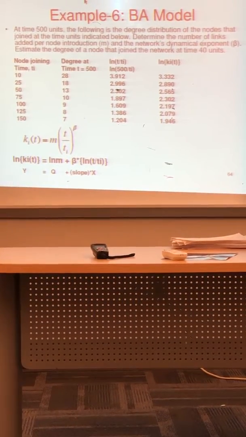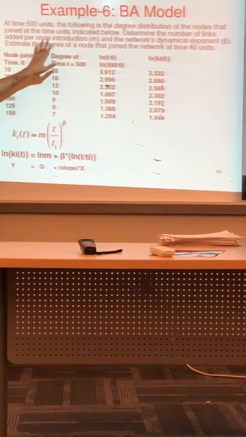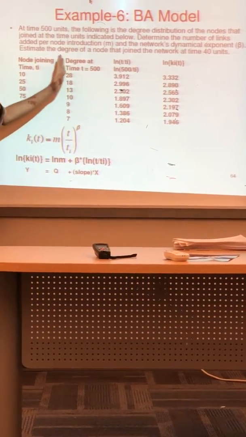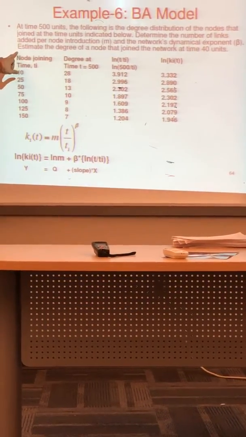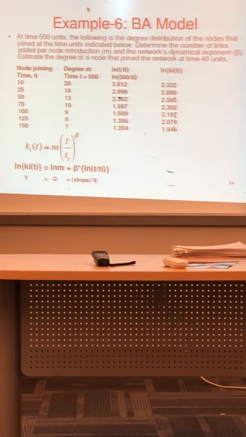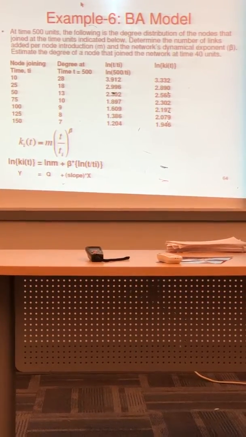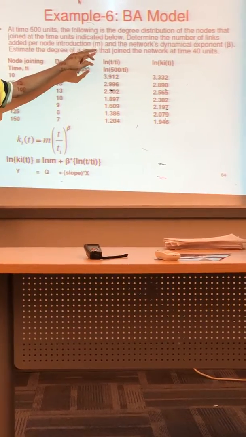So this is what is given to you: the joining time and the degree at time 500. What you want to find is the number of new links that get introduced into the network each time a node joins. That parameter m, so far we did not deal with it, so let us see.